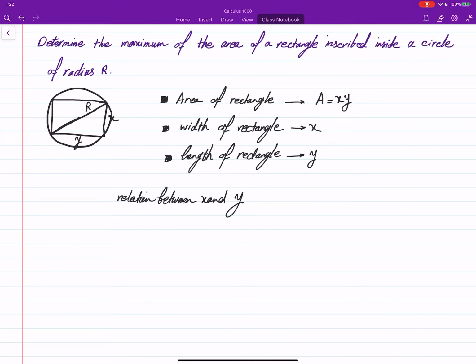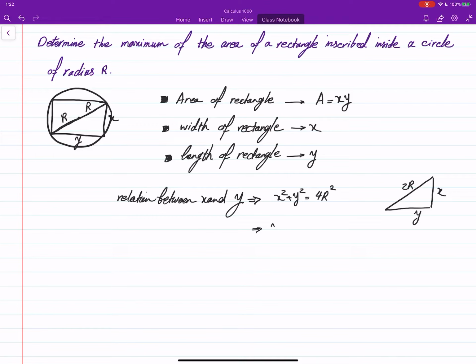So if the radius is r, basically we have a right triangle with sides x, y, and 2r. Then the relation between x and y is given by the Pythagorean theorem, which says x squared plus y squared is equal to (2r) squared, which is 4r squared.